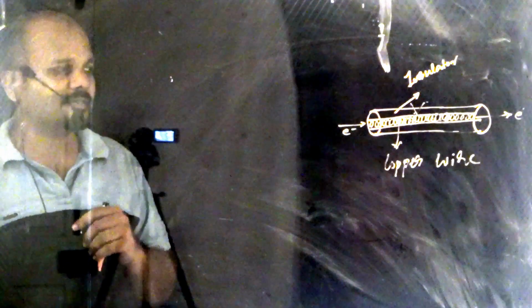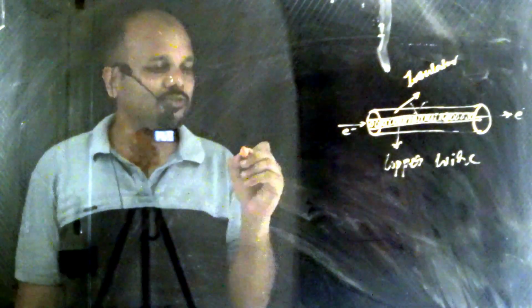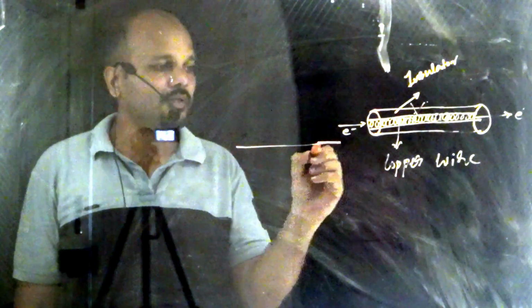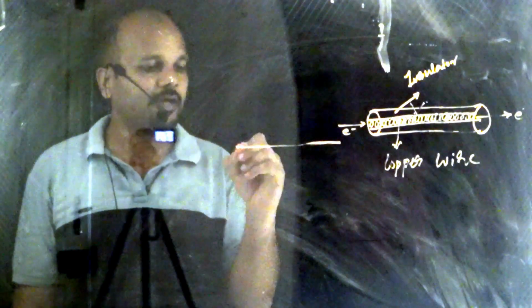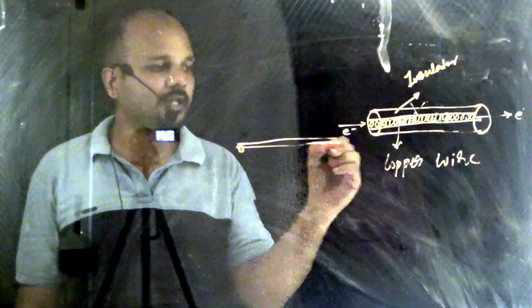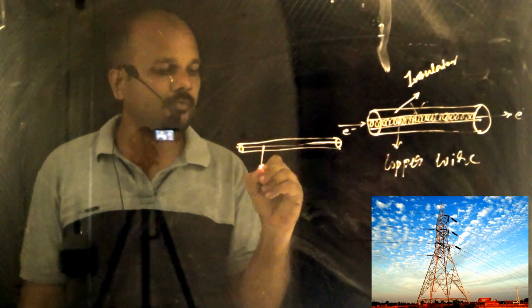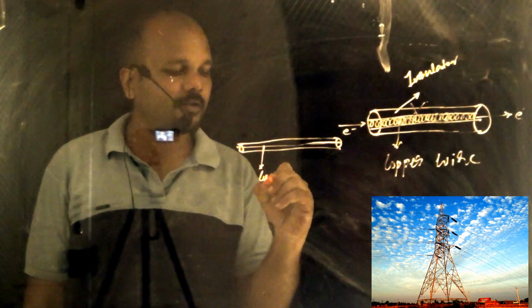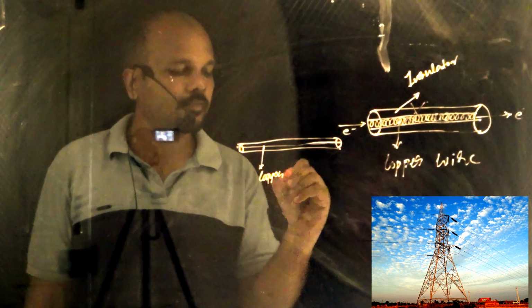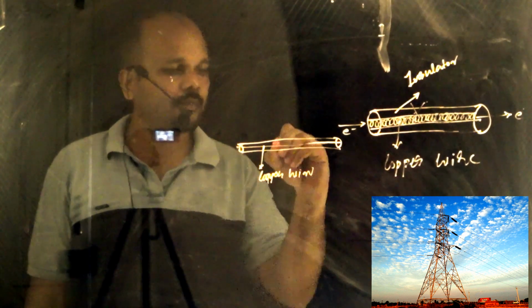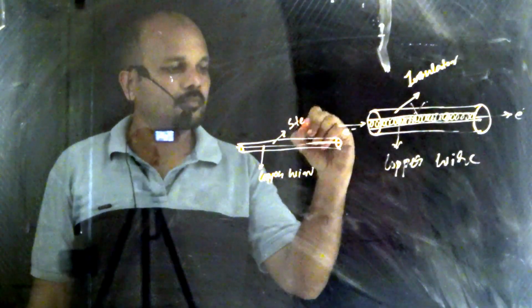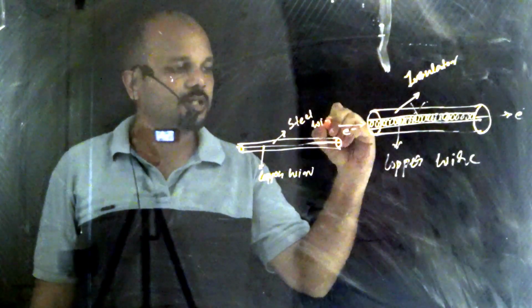And next, the one which you will see in 11 kV lines. This is going to be a copper wire, surrounded by another wire, a steel cable.